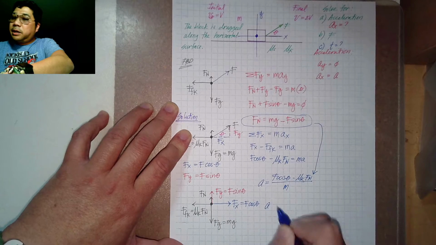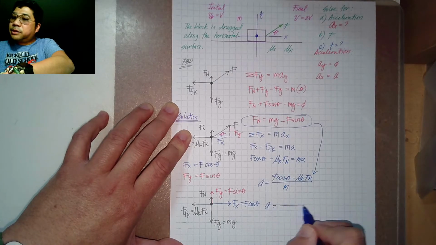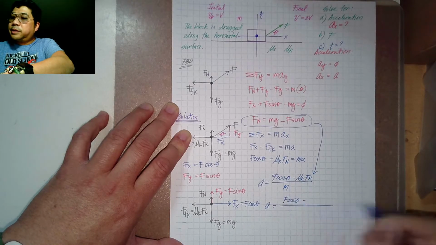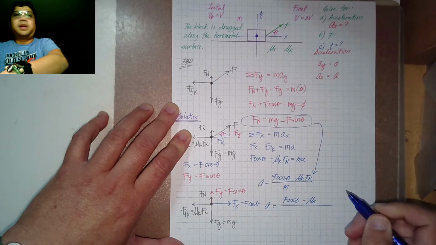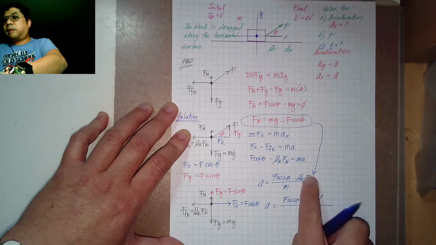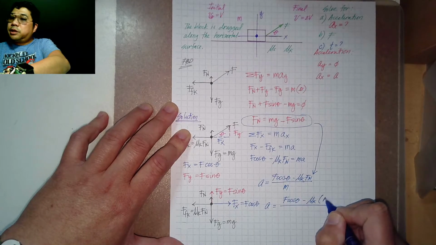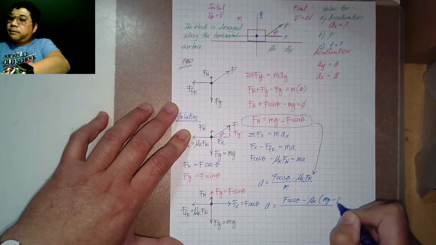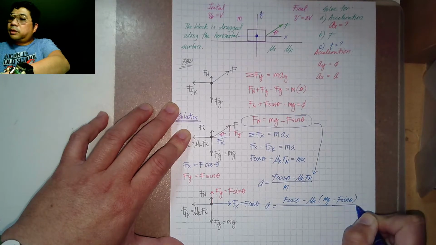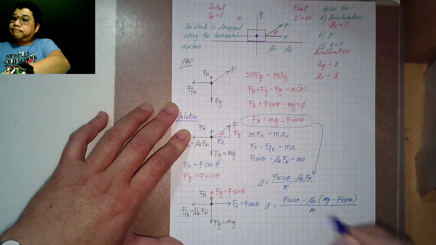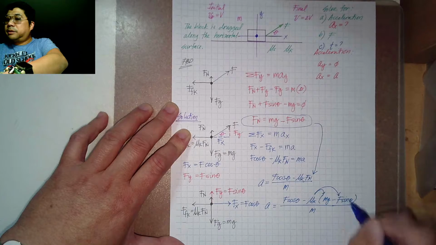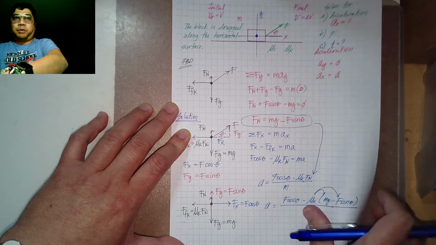So now a, for the acceleration: F cosine theta minus mu k, the coefficient of kinetic friction, multiplied by Fn. That is mg minus F sine theta, over m. So now let us distribute mu k to the value of Fn.